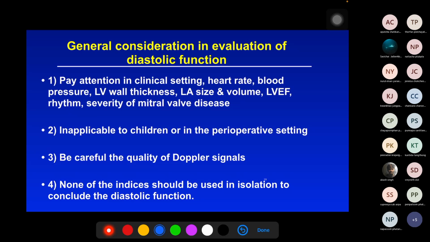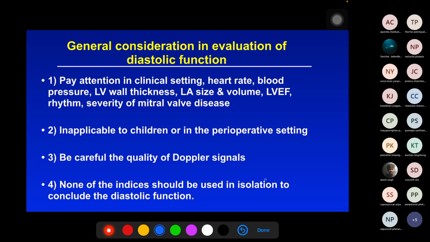Look at the LA size or LA volume, the LV ejection fraction, and the rhythm, whether sinus or atrial fibrillation, or whether the patient has significant mitral valve disease. If you see these parameters abnormal, I think the patient would have diastolic dysfunction.